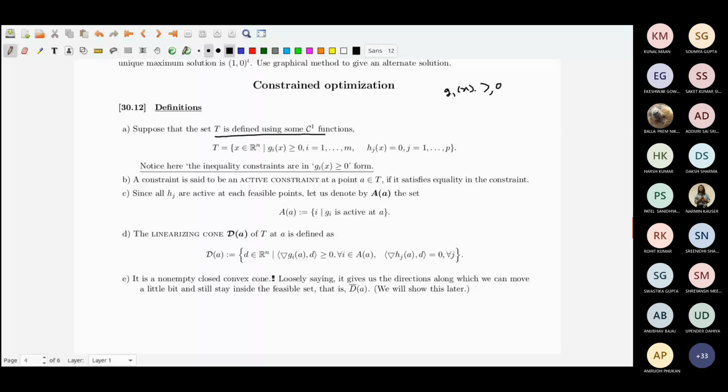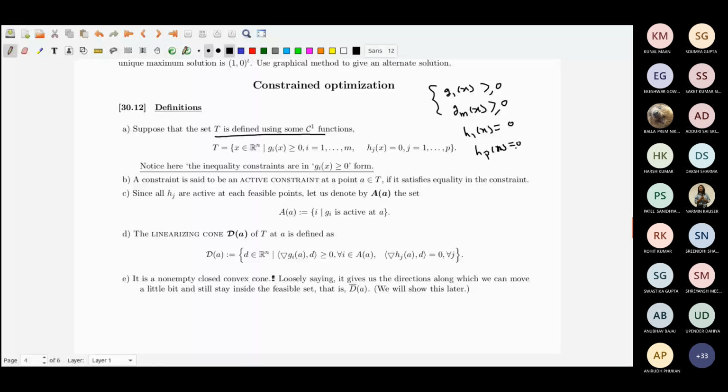It's the same thing. Okay, but I prefer to write G1, G2, Gm. So there are m inequality constraints, and then there are p many equality constraints. Okay, so that constitutes T.